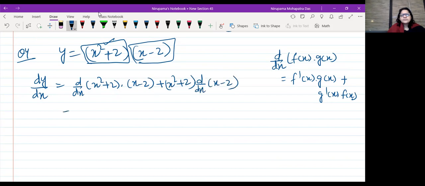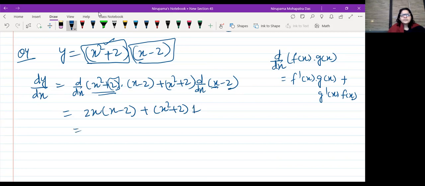That means we are getting here the derivative of this function 2x, derivative of 2 is 0, into (x minus 2) plus (x square plus 2). Now d by dx of x is 1, d by dx of 2 is 0.